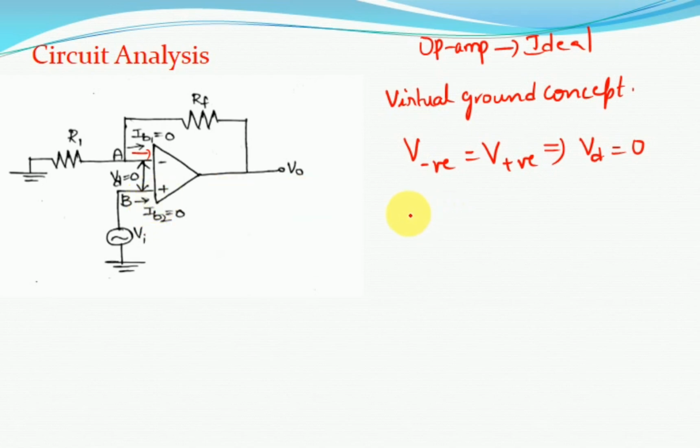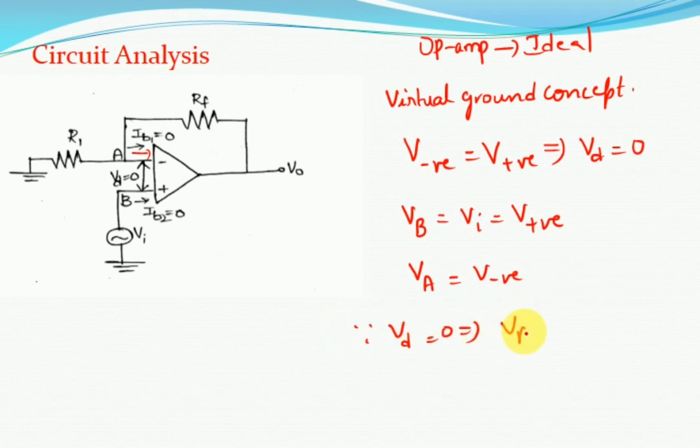From the circuit, node B is connected to Vi, which is the non-inverting terminal voltage, and node A is connected to the negative terminal. Since Vd is equal to 0, Vb minus Va is equal to 0, which implies Va is equal to Vb.